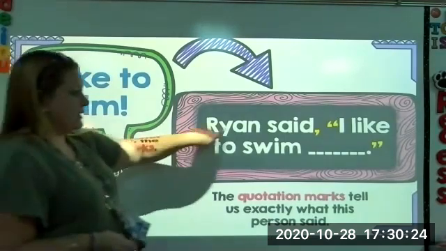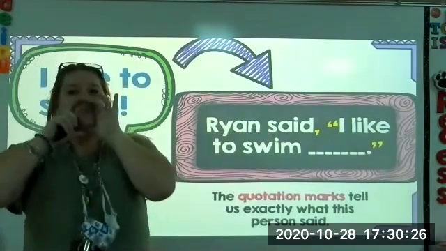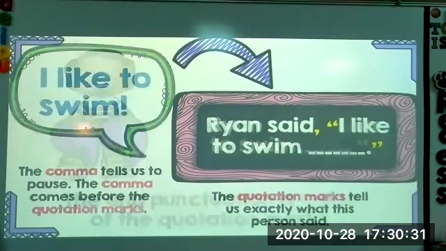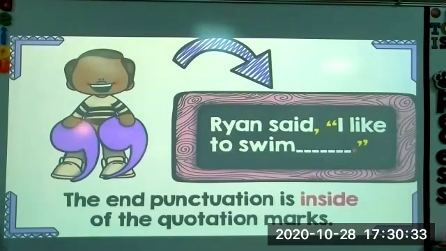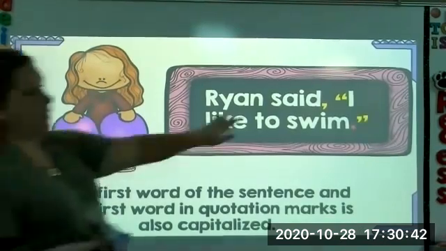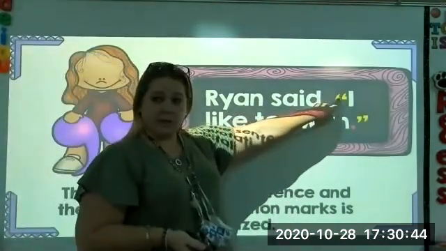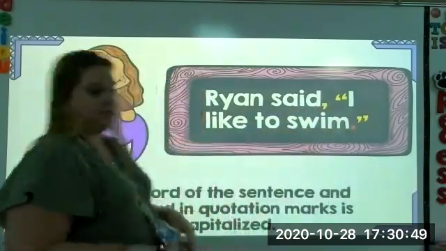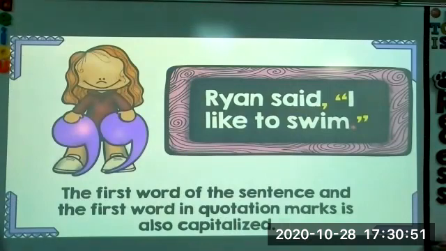So Ryan said, "I like to swim." The end punctuation is inside the quotation marks. See how we have a comma before the quotation and the period goes inside the quotations. The first word of the sentence and the first word in the quotation marks is also capitalized.